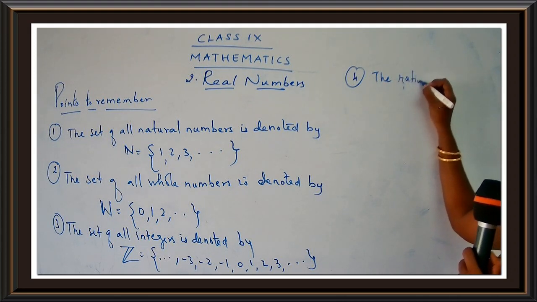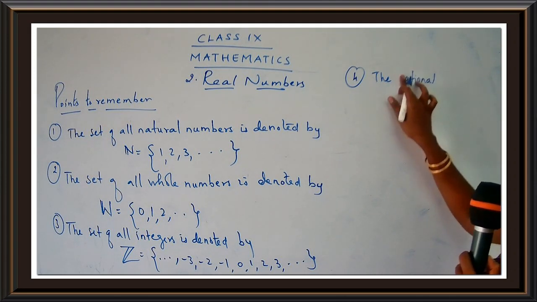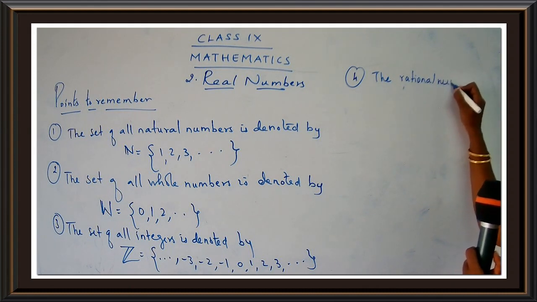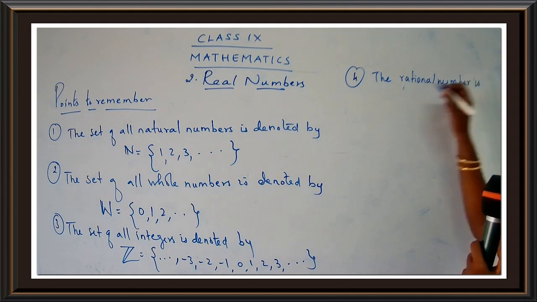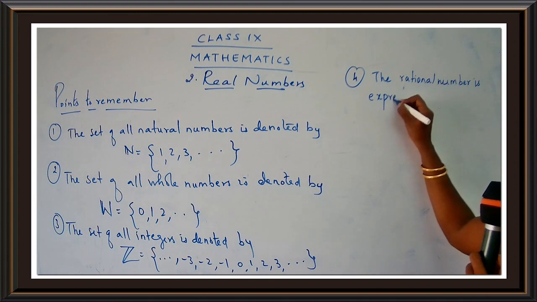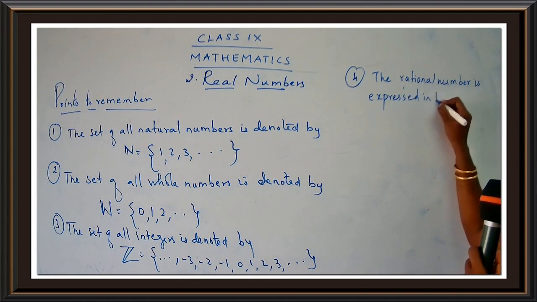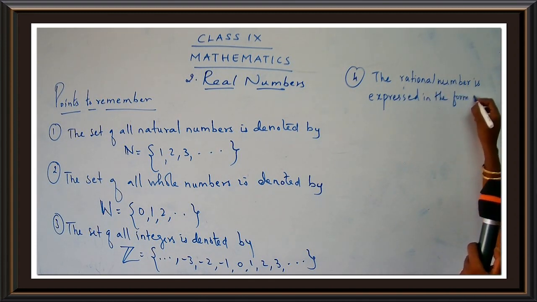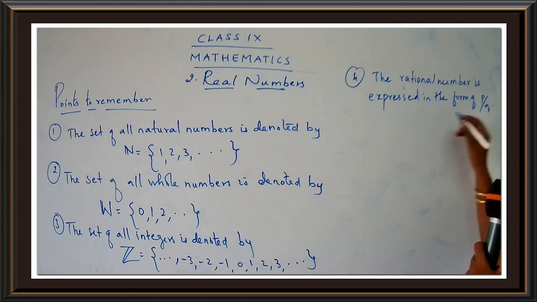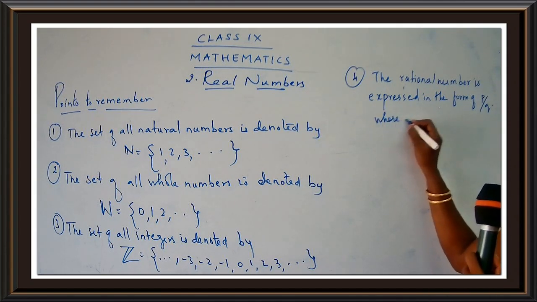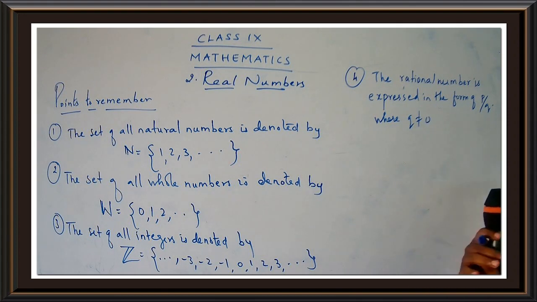The rational number is expressed in the form of P upon Q, where Q is not equal to 0. Okay. So how is the rational number written? A rational number is expressed in the form of P upon Q. If you have a number in the form of a fraction, you call that number a rational number.